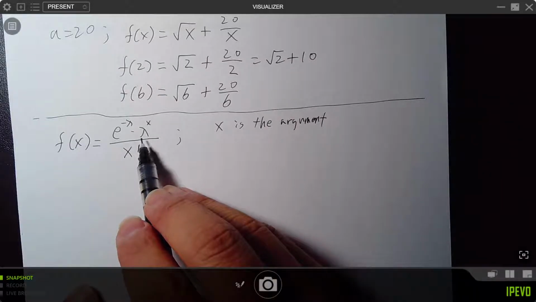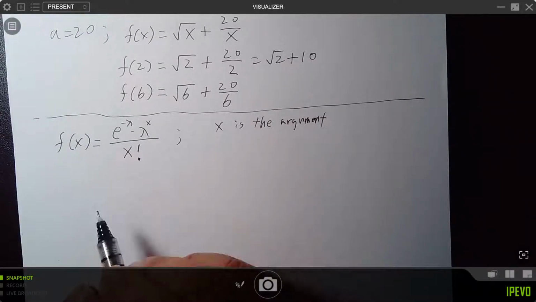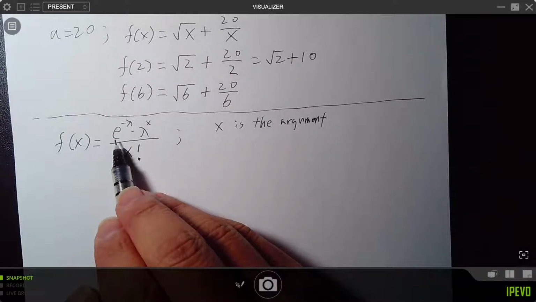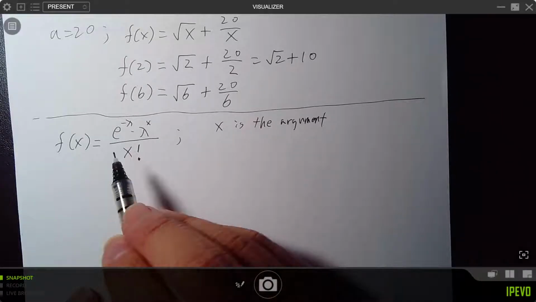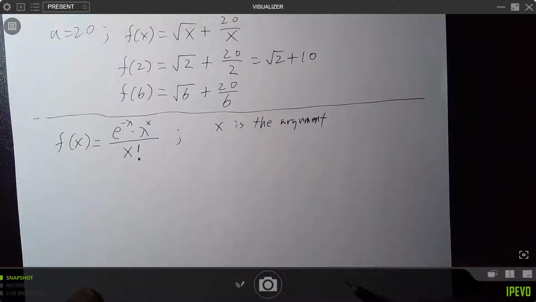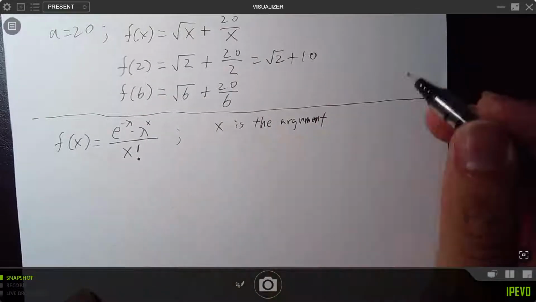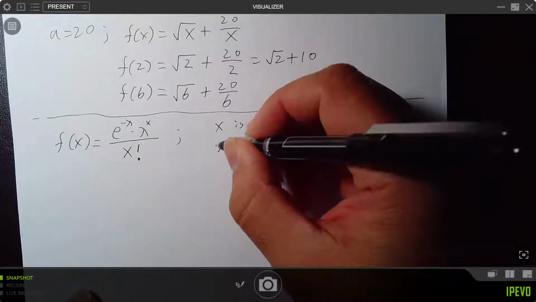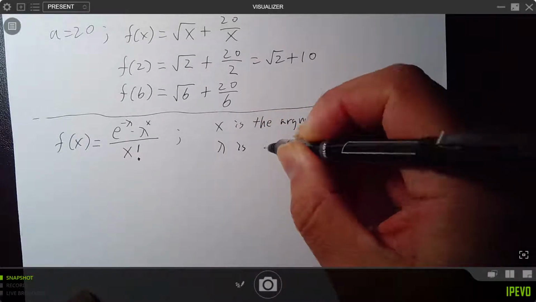E is not the parameter, because e is already set. E is just a number, kind of like pi. Pi is 3.14 and so on, and e is just 2.7-something, and you can find it in your calculator. So e is just a number, so that's not the parameter. Here, the parameter is lambda. Lambda is the parameter.